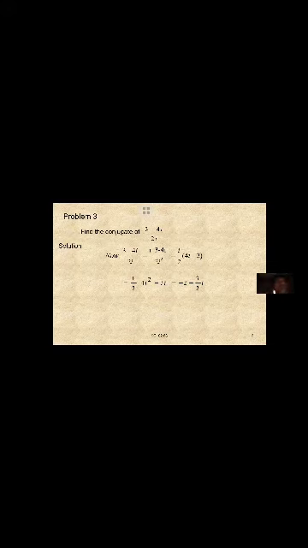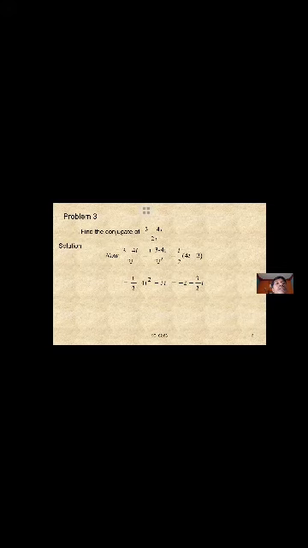So if we multiply i by 2 with the terms in the bracket, look here, i by 2 into 4i means 4i square by 2, and minus into 3i by 2.